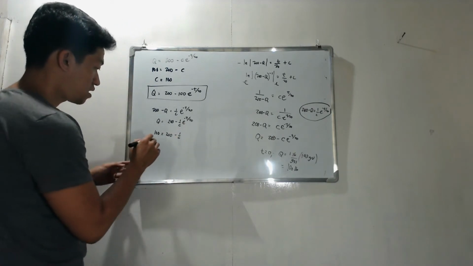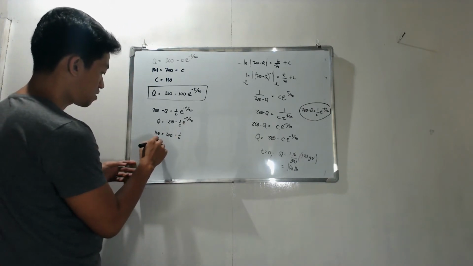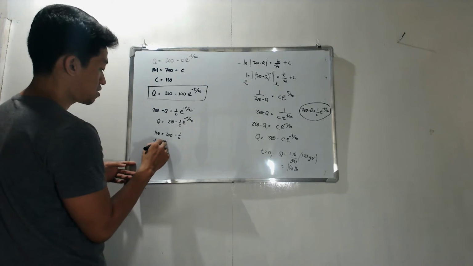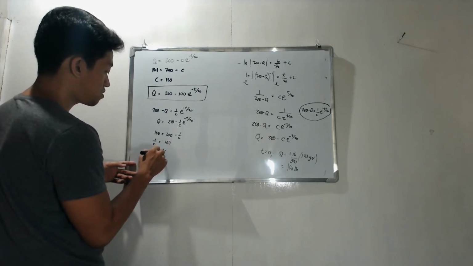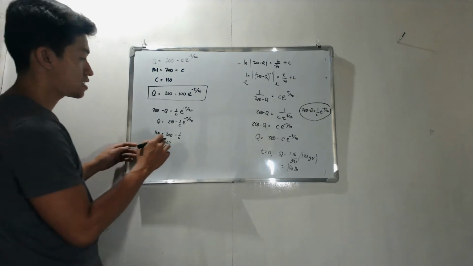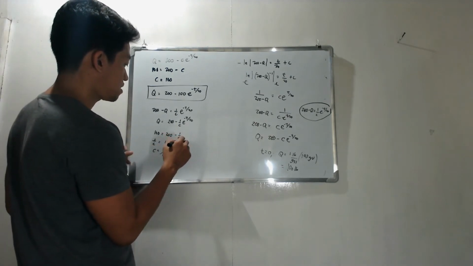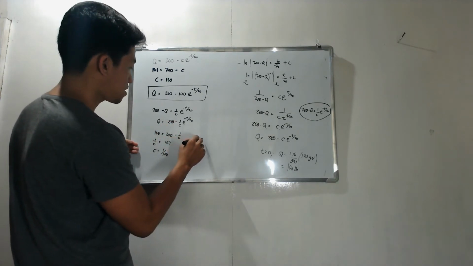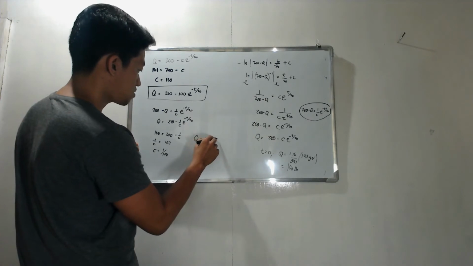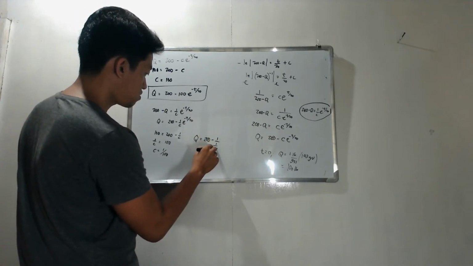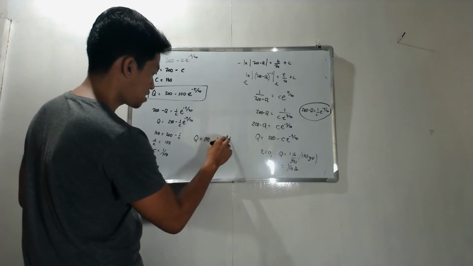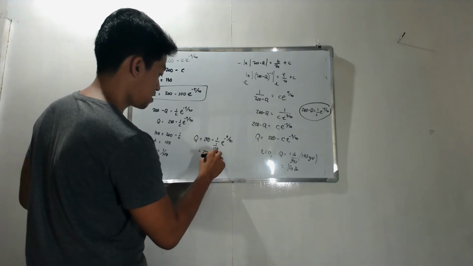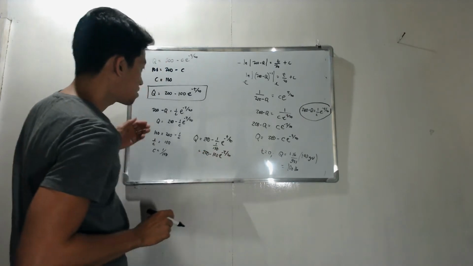Therefore 1 over C is just 100, or C is just 1 over 100, and then we will substitute that here: 200 minus 1 over 1 over 100.